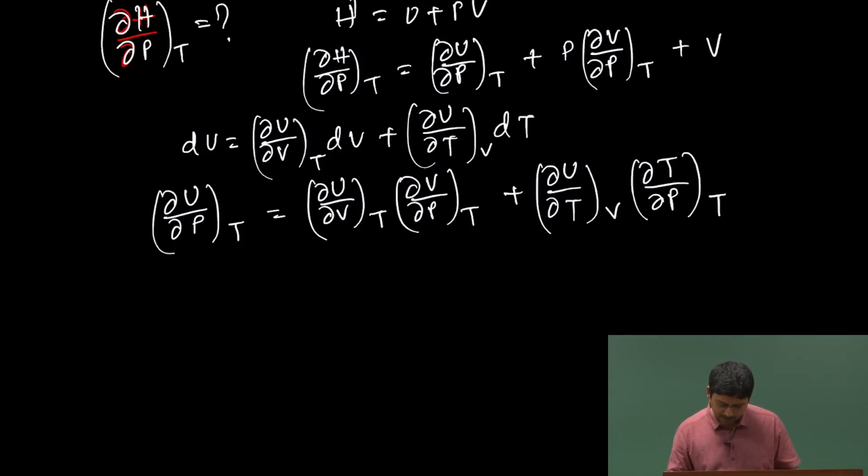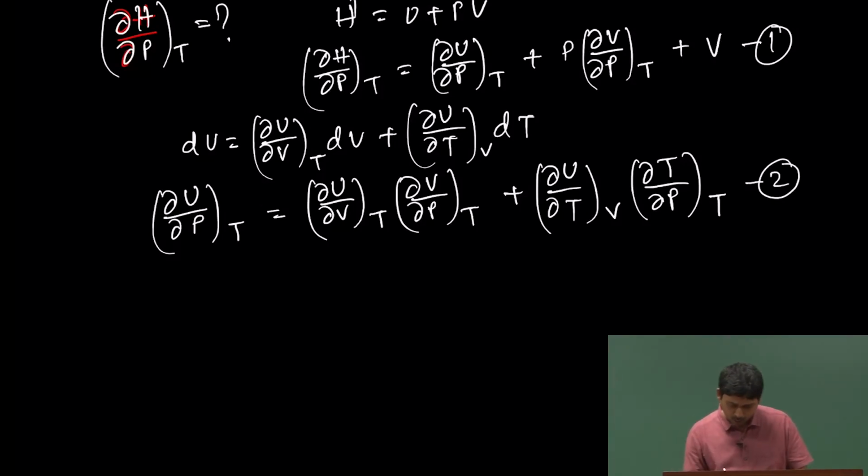So, I have got equation number 1, in which I have this, and then I have equation number 2, which I have to put in equation number 1. So, without doing anything, I will just put that.